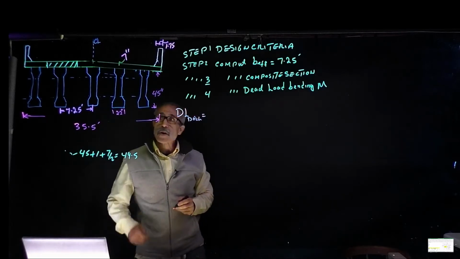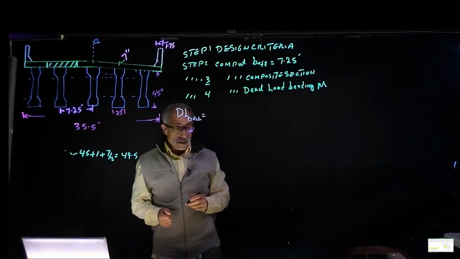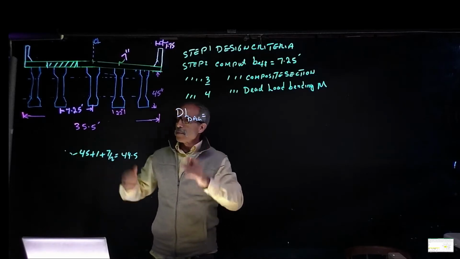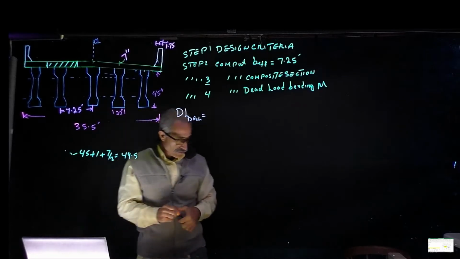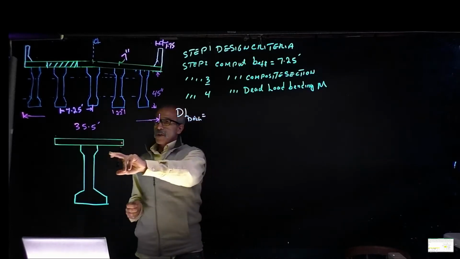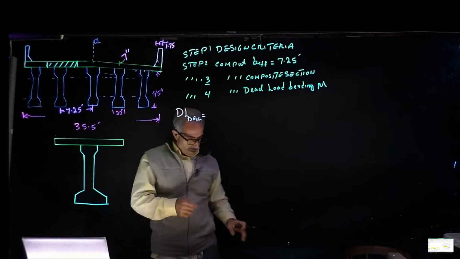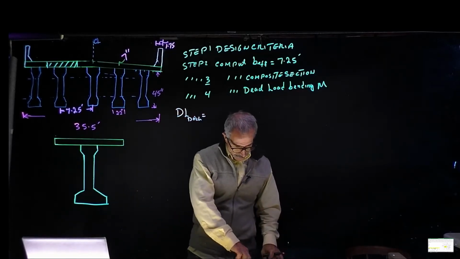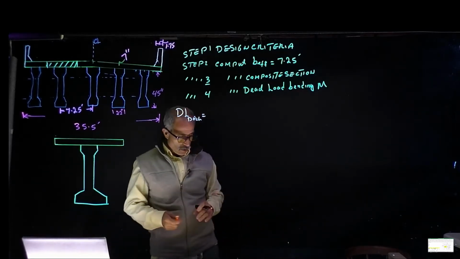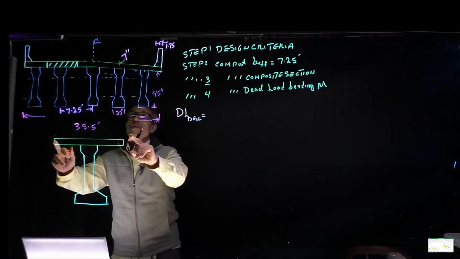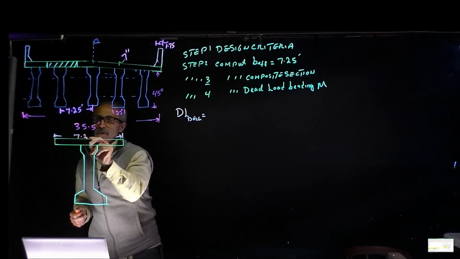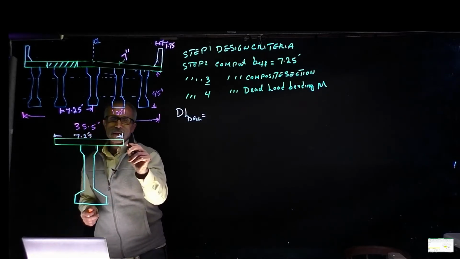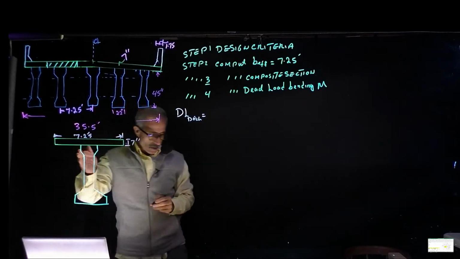That was a 7-inch deck. So we're looking at the composite section part of this, let me draw that. Okay, so we're going to go ahead and calculate the dead load bending moment. We're going to find out how much it's going to weigh first. This is 7.25 feet, and this is 7 inches and 150-pound concrete.